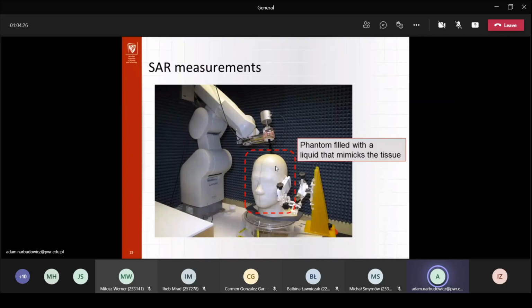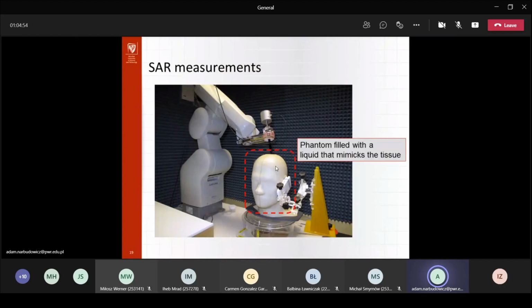It's basically the average electromagnetic properties of the human body, or in this case the head. So we're talking about the same permittivity, same permeability, and same conductivity as human tissue would have on average.